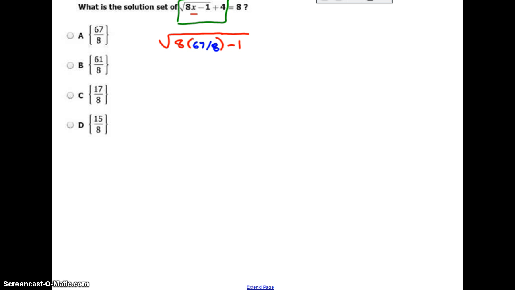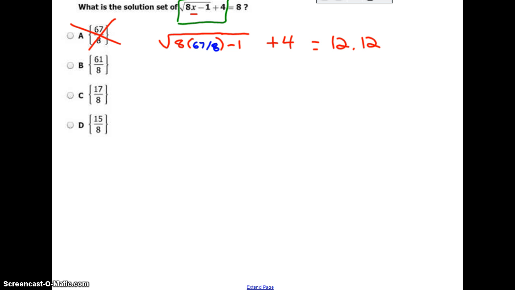Minus 1, and then notice the radical stops, plus 4. Okay, so you're going to do that all on your calculator, then you're going to hit enter, and you want to get 8. Well, what do we get? We get 12.12. So that means that 67 over 8 is not our answer.